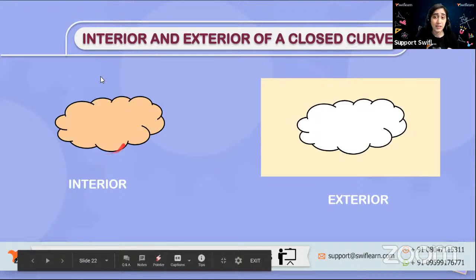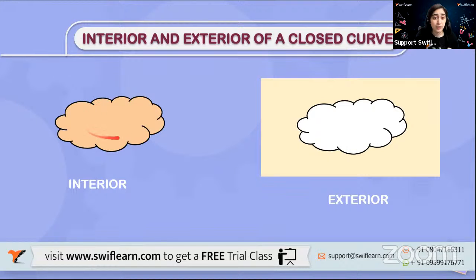That's why we call it an internal closed curve, if you're talking about the inside of the cloud. Whereas when we are talking about the outside of the cloud, that means it is an external closed curve, which is outside. Clear? So these are the two ways we are talking. When we talk of internal, that means inside the cloud. When we talk of external, that means outside the cloud.